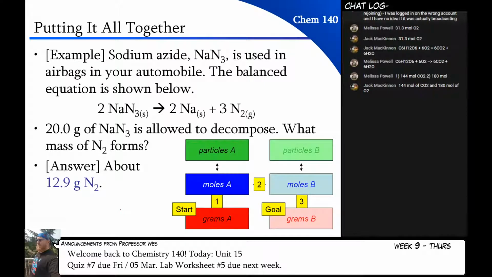So that's what we did to solve this problem. We started with a quantity of grams. I turned that into moles. I then turned the moles of NaN3 into moles of N2, and I turned those moles into grams.